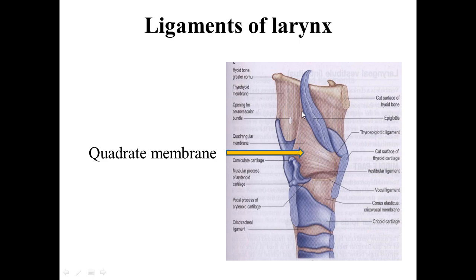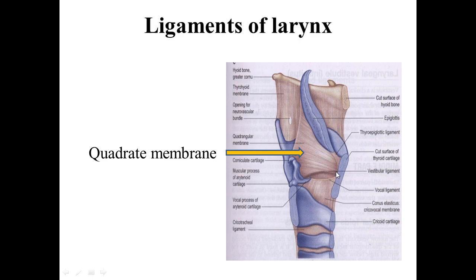The upper border is free and it is situated in the aryepiglottic fold. The aryepiglottic fold is a mucosal fold which extends from the arytenoid cartilage to the epiglottis. While the lower border of the quadrate membrane is thickened and free, and this forms the vestibular ligament.